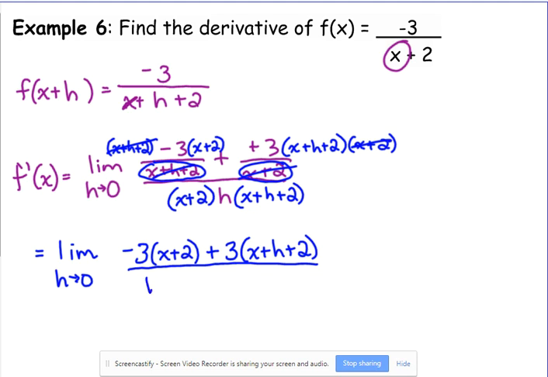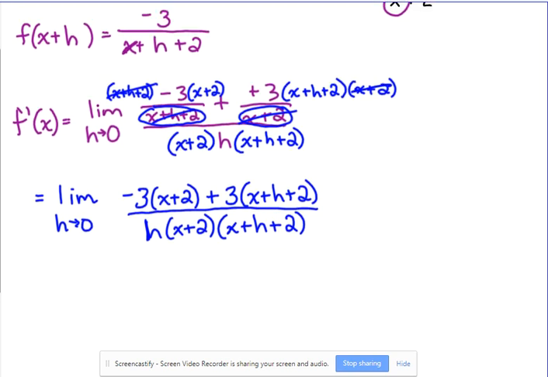over, don't multiply this out. Do not multiply this out. Leave it in factored form. Think about complex fractions. Our goal was to see if we could cancel anything, so the easiest way to cancel things is to leave them in factored form.